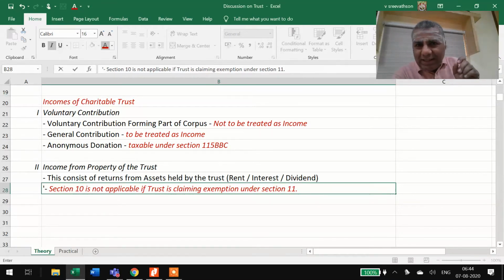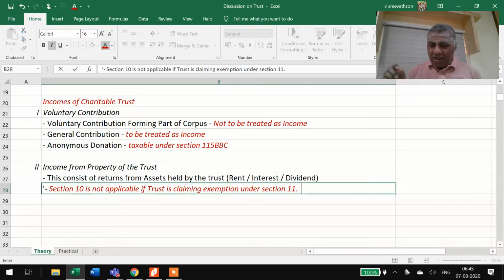The trust has a dividend income of 9 lakhs. Should I take it as my income? The answer is yes, because section 10(34) is not applied. Of the 9 lakhs, you should apply it for the object of the trust and claim the exemption. When I am giving you exemption under section 11, don't ask me for exemption under section 10.